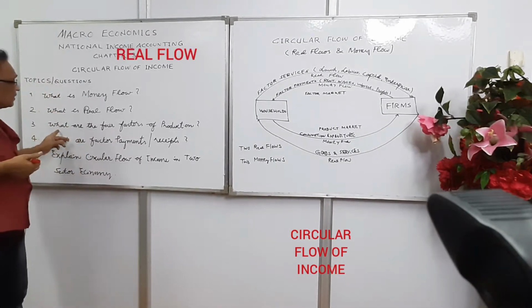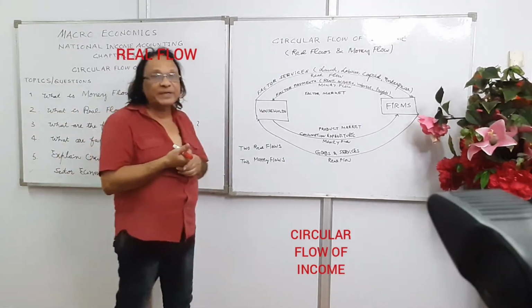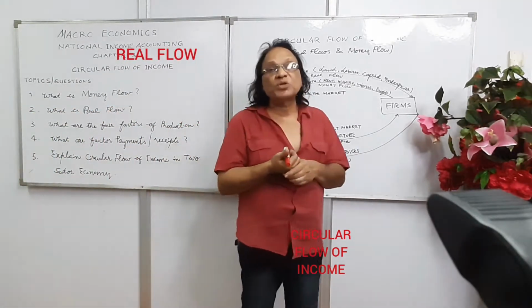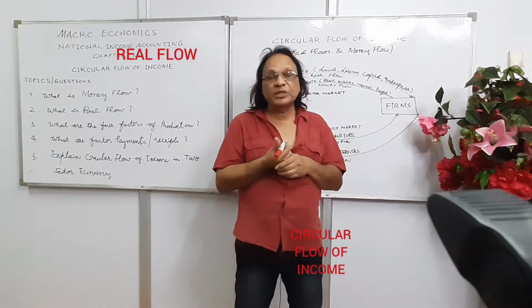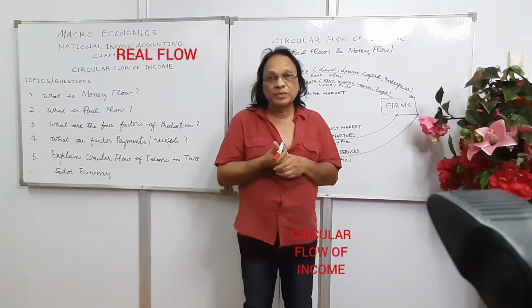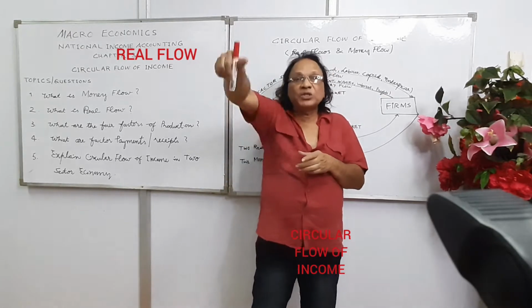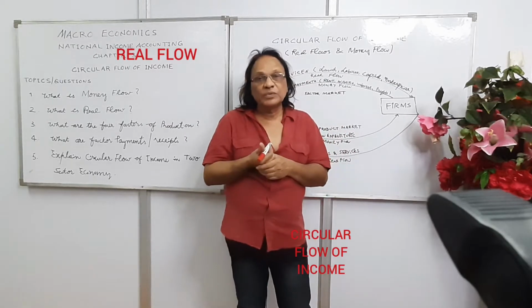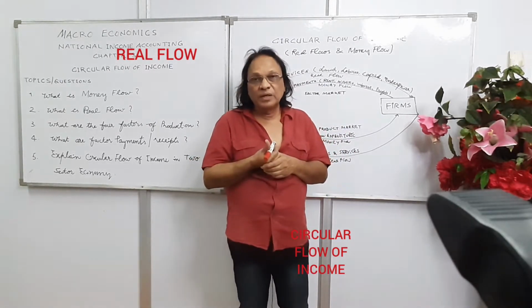And what is real flow? Real flow is not in terms of money. It is in terms of goods and services. For example, instead of paying money to buy a pen, you give him something else.